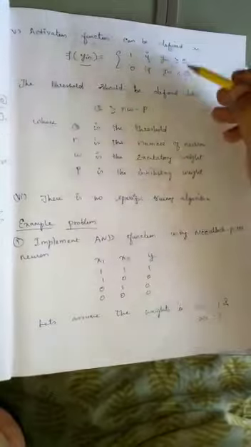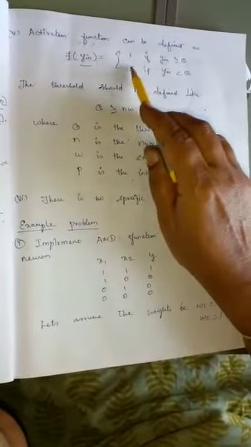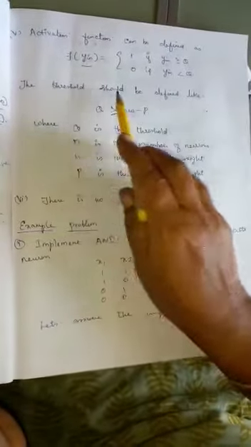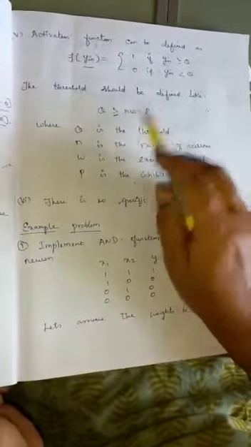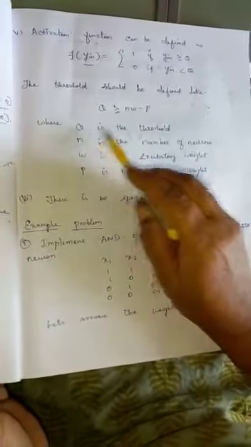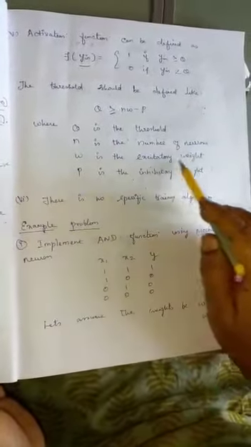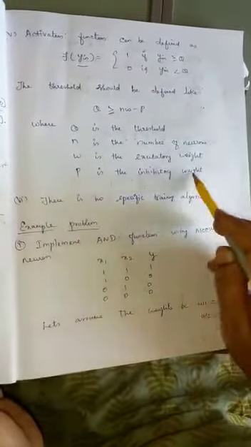The neuron fires only when the net input is greater than or equal to this theta value, else the neuron gives the value 0. The threshold value should be defined with the following condition: theta is greater than or equal to nw minus p. Here theta is the threshold, n is the number of neurons, w is the excitatory weight, and p is the inhibitory weight.